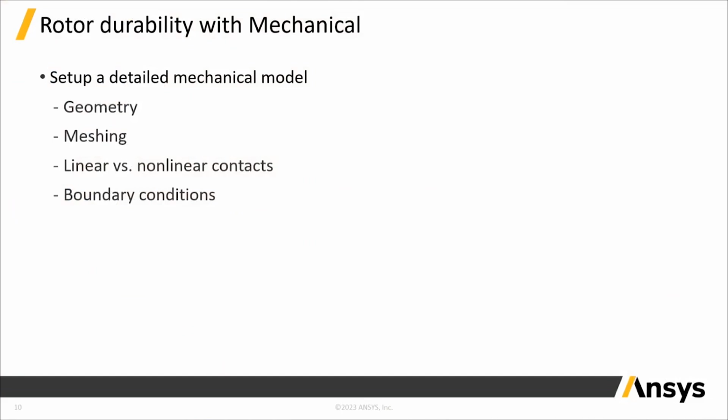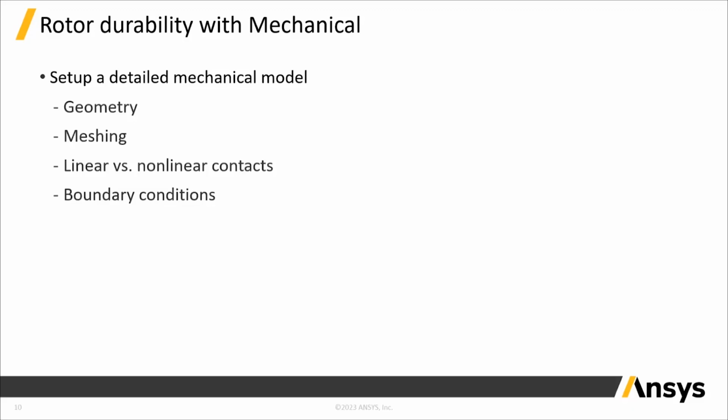For detailed analysis in mechanical, the goal is first to verify and also optimize the settings in Motorcad and have good correlation between linear mechanical and Motorcad simulation. The second goal is to have a more detailed design around the magnet pocket in mechanical, doing a nonlinear analysis to have a fuller, more physical simulation and get more accurate results.